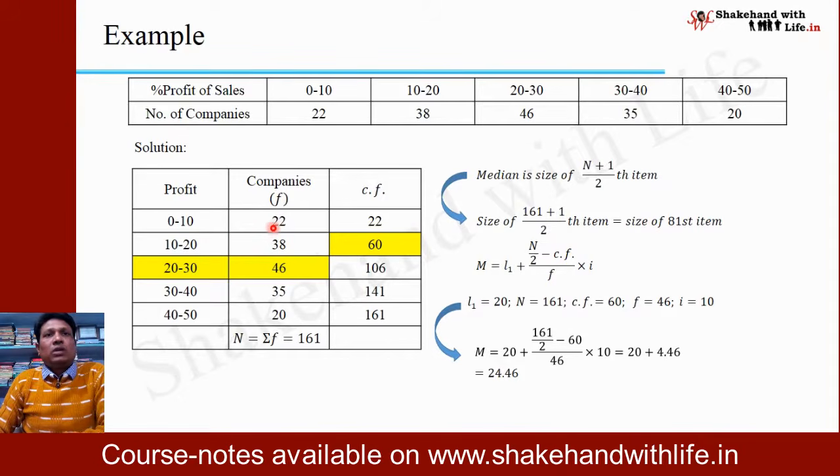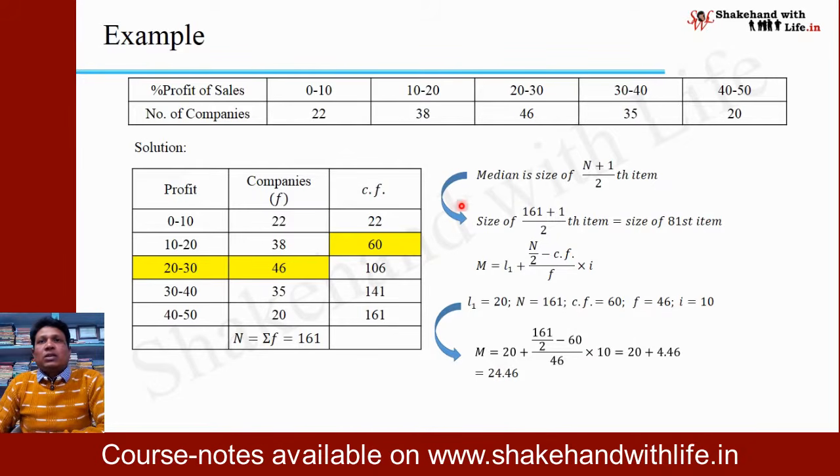The total number of companies is 161, so the sum of the frequencies, N, is 161. Now calculate the cumulative frequency: 22 as it is, then 60, 106, 141, 161.